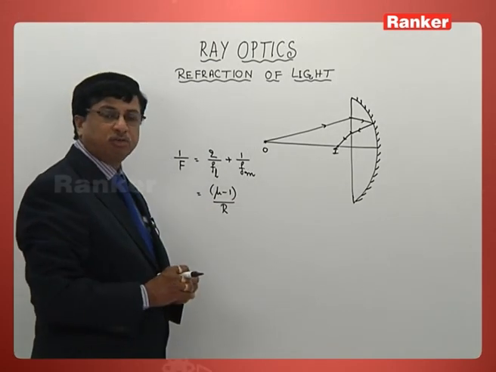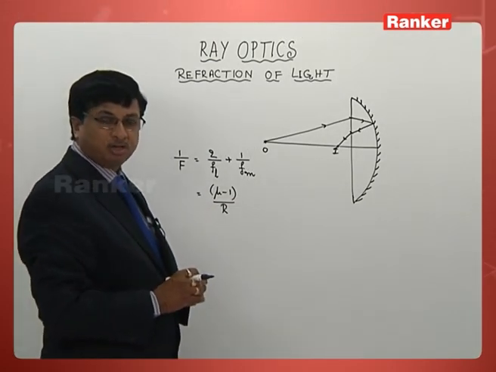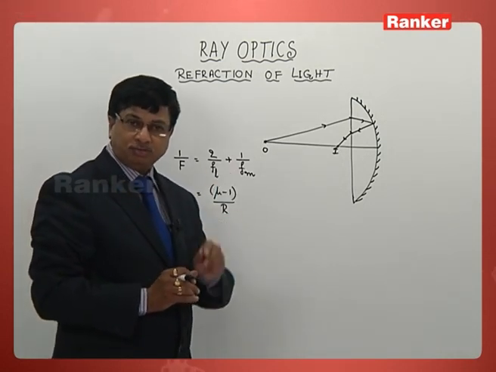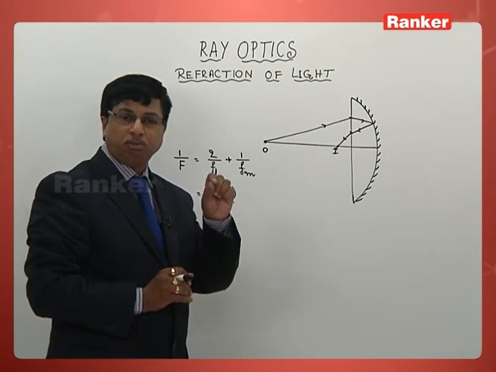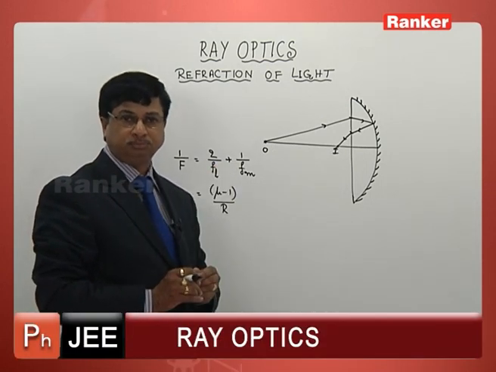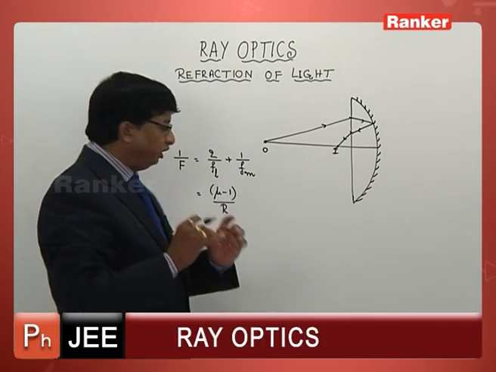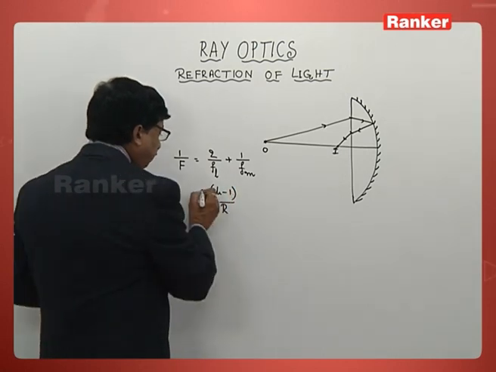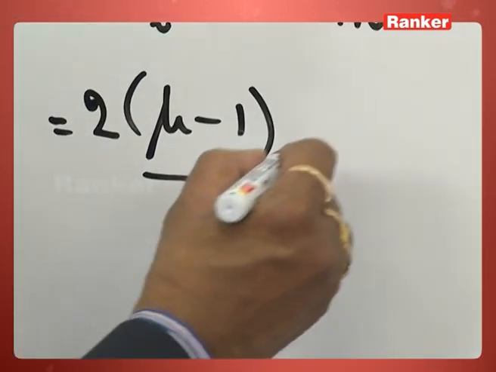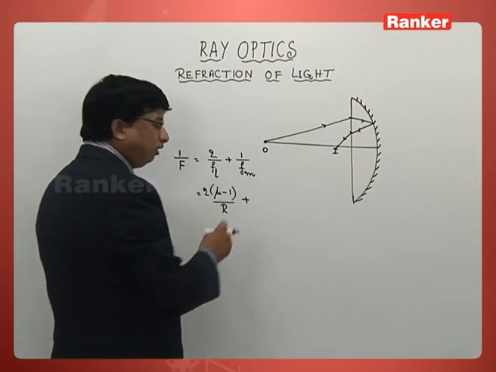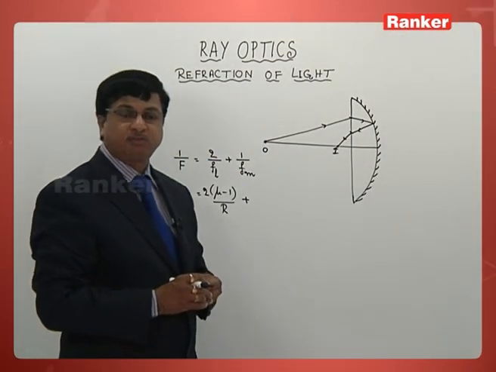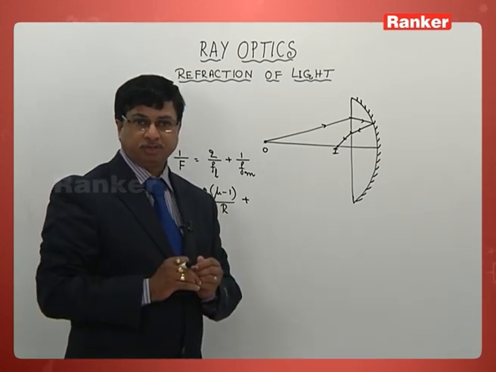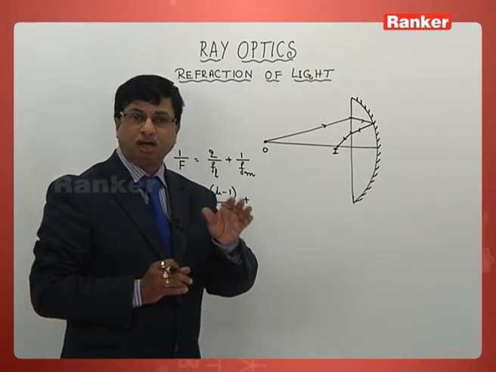According to the lens maker's equation, that's what is called lens maker's formula, focal power P is equal to 1 by f is equal to (mu minus 1) into (1 by r1 minus 1 by r2). According to that equation, we can write 1 by focal length of the lens as (mu minus 1) by r, that into 2, plus the focal length of the mirror in terms of its radius of curvature: r is equal to 2f, then f automatically becomes r by 2.